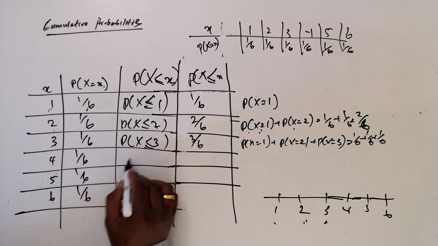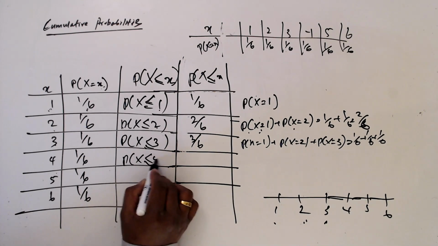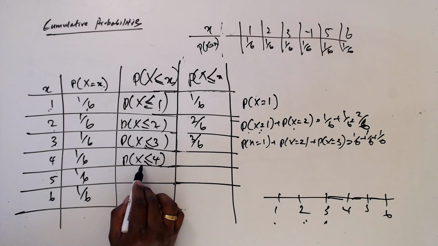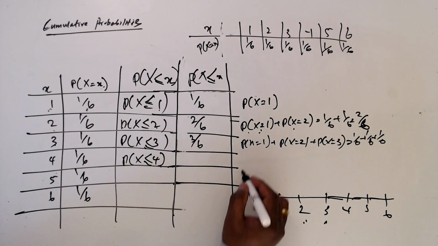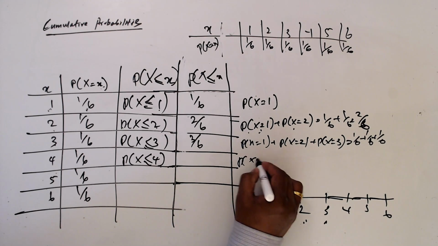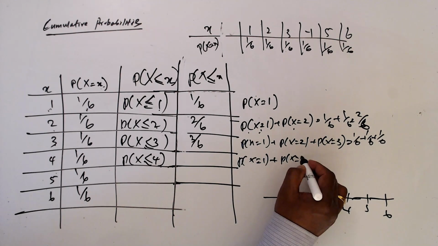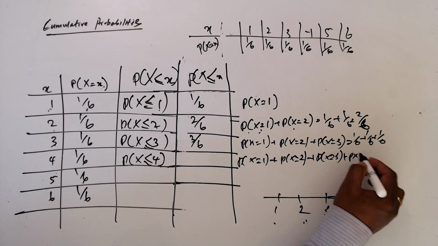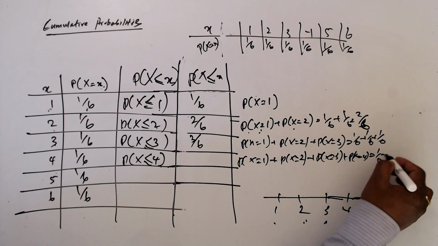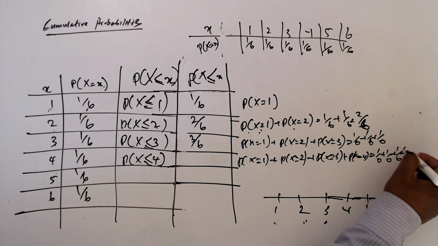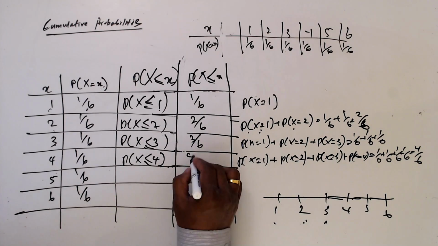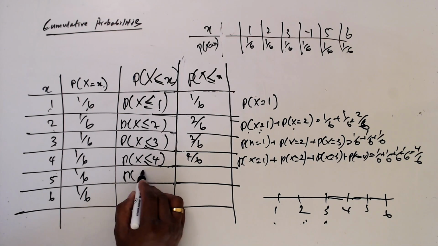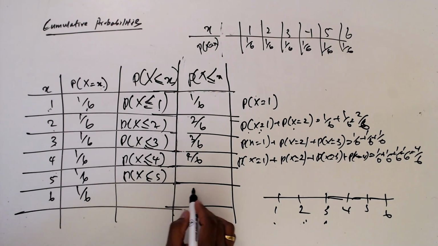When x equals 4, probability x less than or equal to 4. The command is to add all the probabilities less than or equal to 4. It means probability of x equal 1 plus probability of x equal 2 plus probability of x equal 3 plus probability of x equal 4. So 1 over 6 plus 1 over 6 plus 1 over 6 plus 1 over 6, 4 over 6.